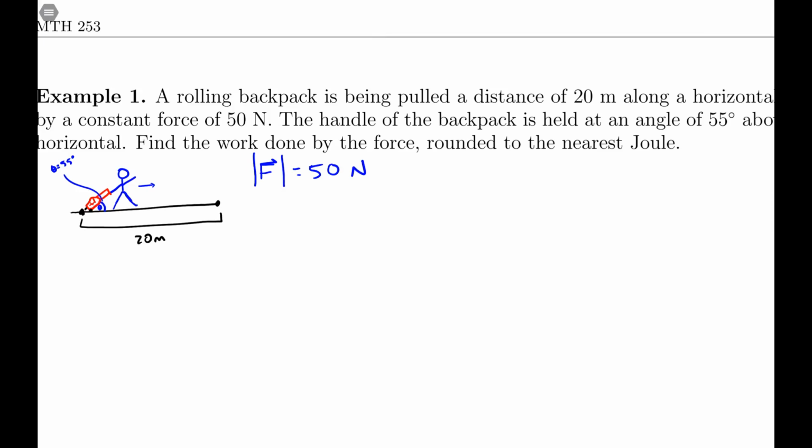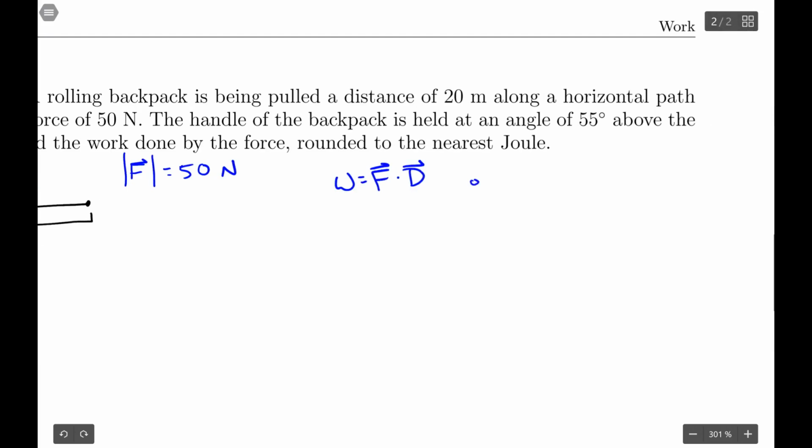All right, so we have a few different quantities here. First of all, we have a force quantity, and what we know about work is that work is force dot product with distance. But we also know that there's another way that we can think of this.